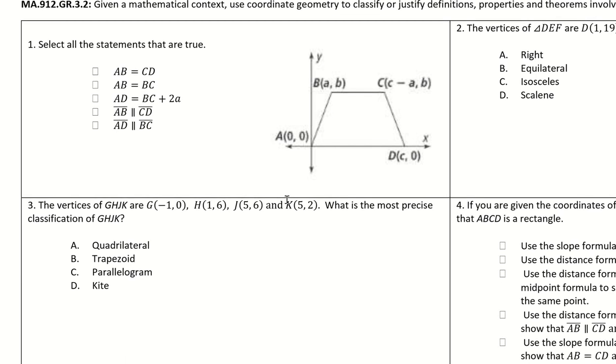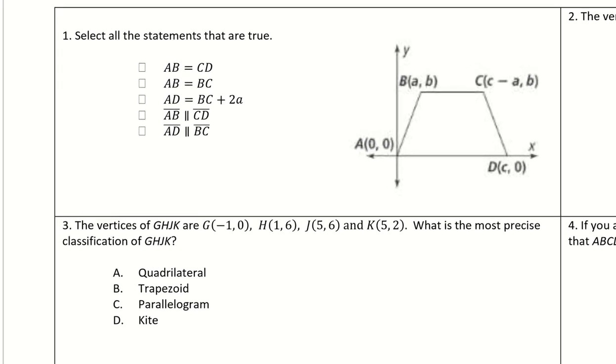This one's going to be kind of interesting because they don't give us any numbers here. We just have to use the variables in order to determine stuff about the shape. It makes it a little bit challenging, but if you just follow along.